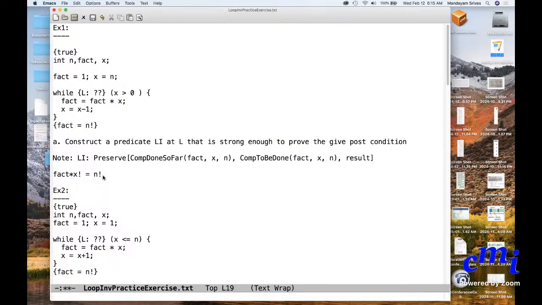Okay, this will work in this case because there is some more computation to be done, which is the x factorial. Fact has the partial computation.